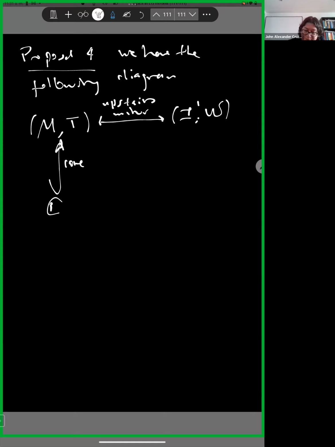And then there should be here a downstairs mirror of this curve. This is not the complex number, right? Let's change this, because it seems like it's not the complex number. This is on the curve, this thing. Okay. Downstairs mirror.